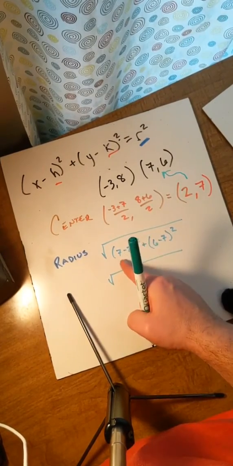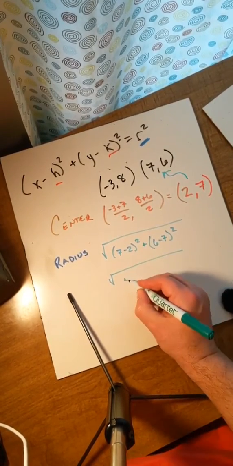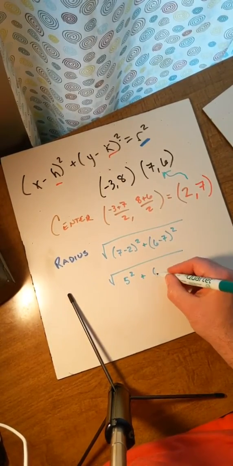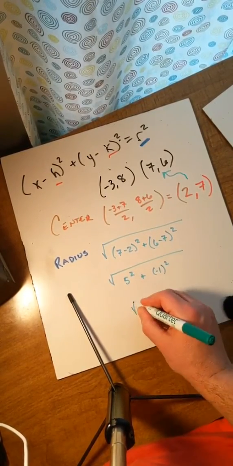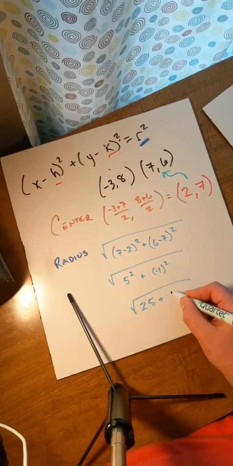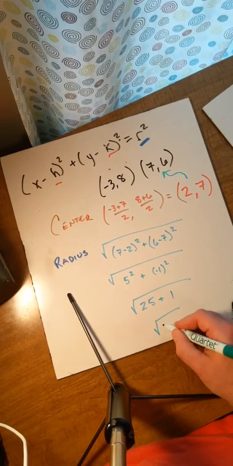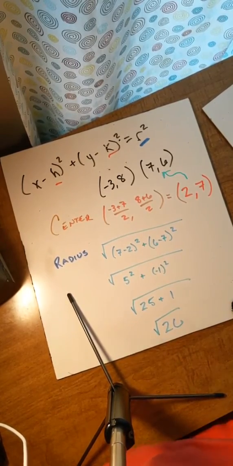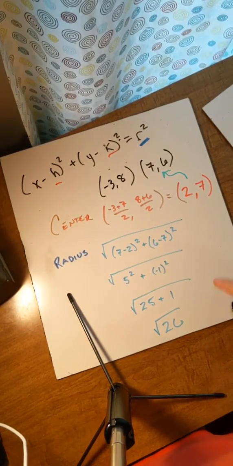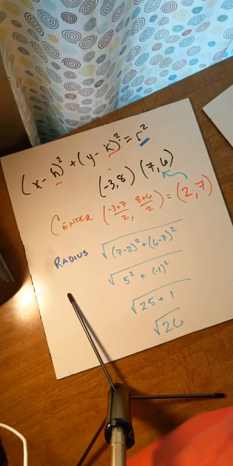Alrighty, so the distance, 7 minus 2 is 5. 6 minus 7 is a -1. So 5 squared is 25. -1 squared is a +1. And so the radius would be radical 26. Which, remember, there's no point of simplifying that or reducing that because we're going to square it when we plug it into our answer.